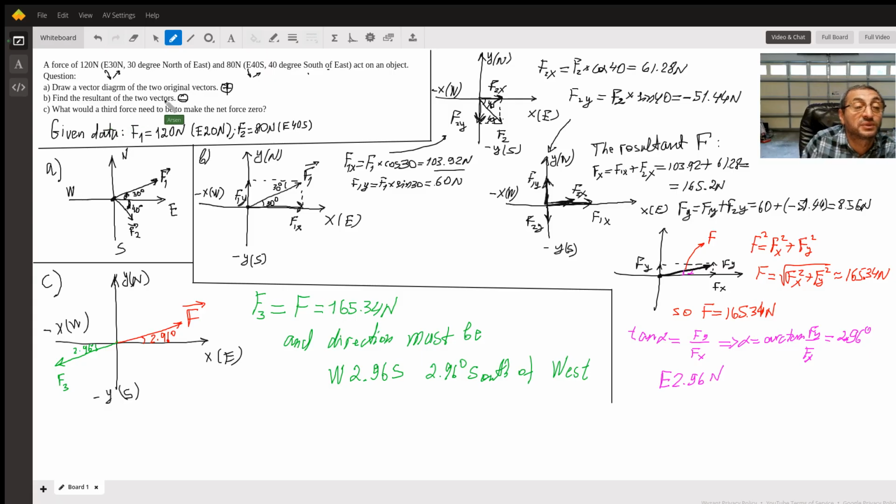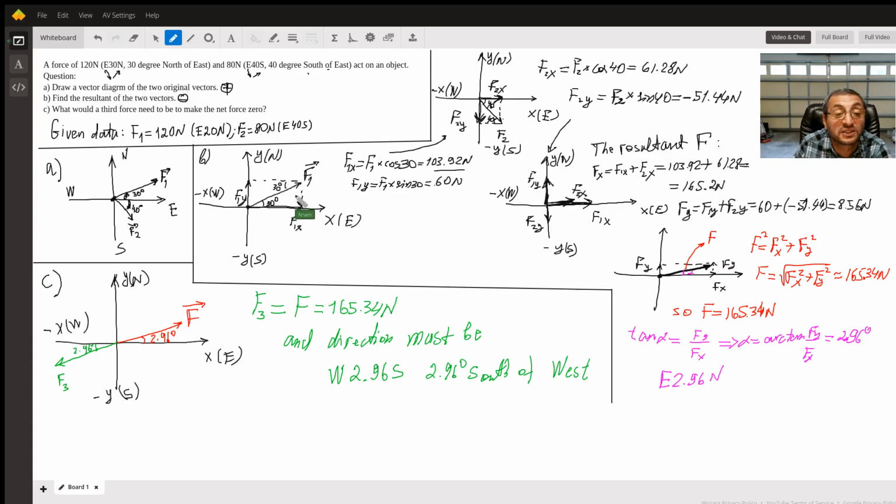Find the resultant of two vectors. First of all, what we have to do is transfer these two vectors into the xy coordinate system. Let's do the F1 force first. When we draw F1 in xy, note that this is y, this is x, this is minus y, this is minus x. So this will be 30 degrees.